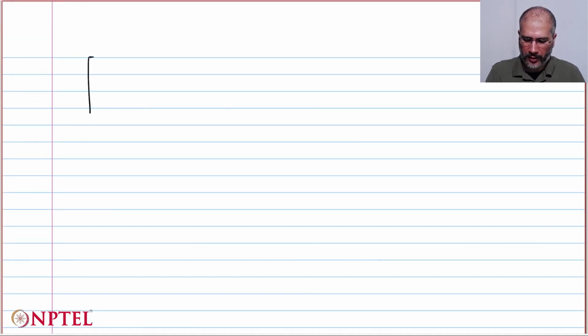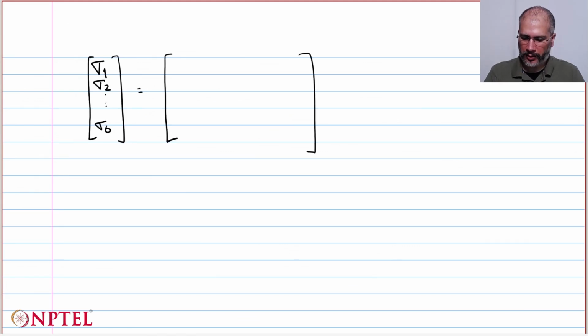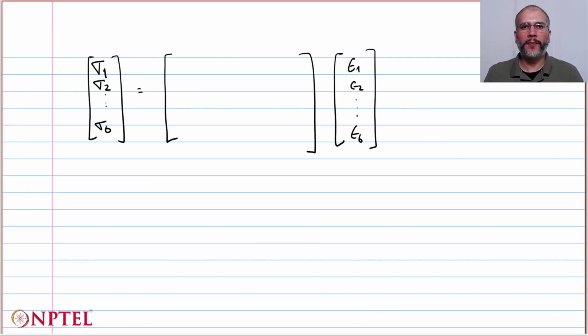Then what we see is that our sigmas in the Voigt notation are still a linear combination of epsilons in the Voigt notation. Whatever the coefficients of these epsilons are, we will call them C tildes.